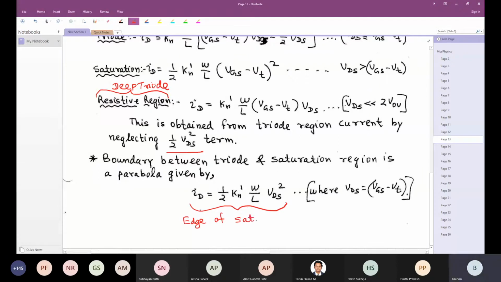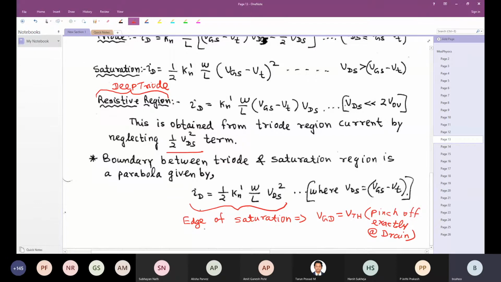Edge of saturation means VGD is equal to VTH, which means pinch off exactly at the drain. This is an important term in the exam questions.